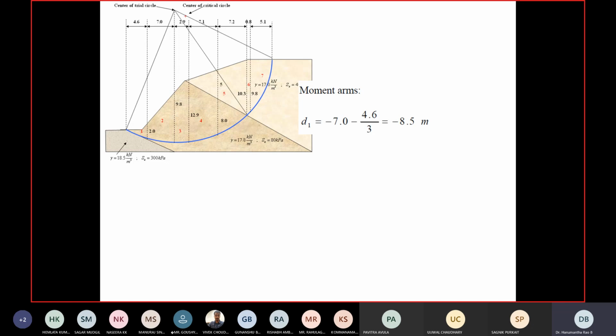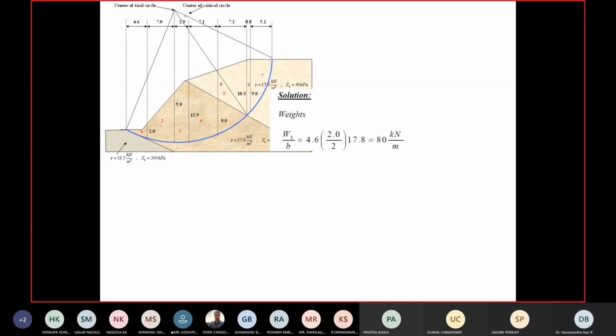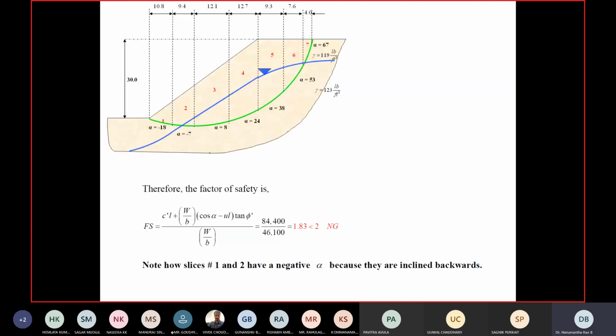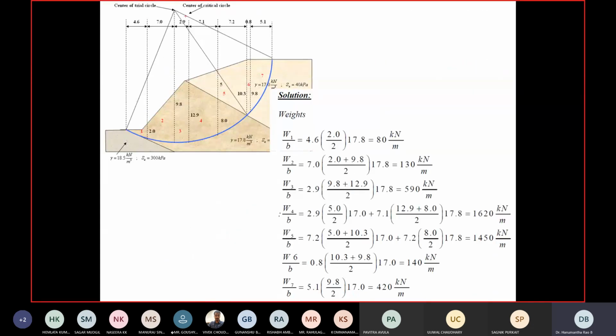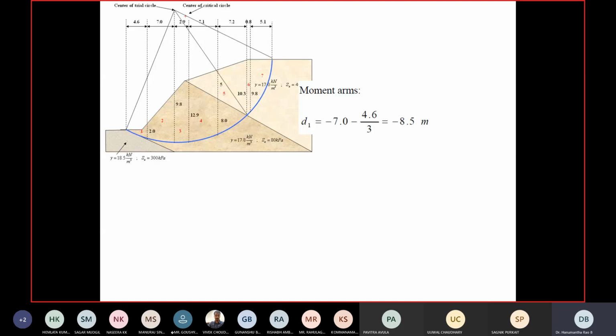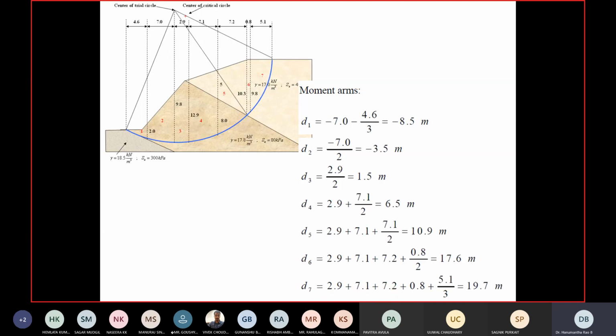Okay, so additionally in this case we can also calculate the lever arm distances corresponding to each slice, because we know the center of the circle. In this case the center of the circle has been given, so we can calculate the lever arm distance. Slice 1 D1, slice 2 D2, slice 3, slice 4, 5 and 6 and 7.